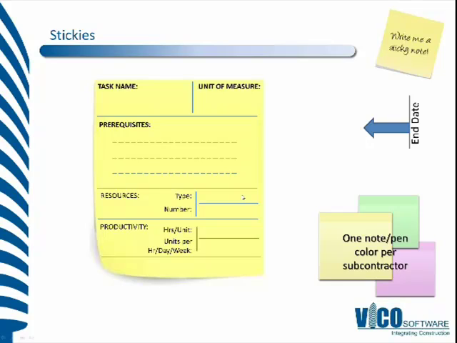So this is the production information describing the type of resource. Is it a special type of resource? Have we got laborers on this task? Is it carpentry? How many are going to be in that optimum size crew? So this is defining the crew. From the productivity side, this is breaking it down to the unit level, where we're saying how many hours of resource are consumed per unit.